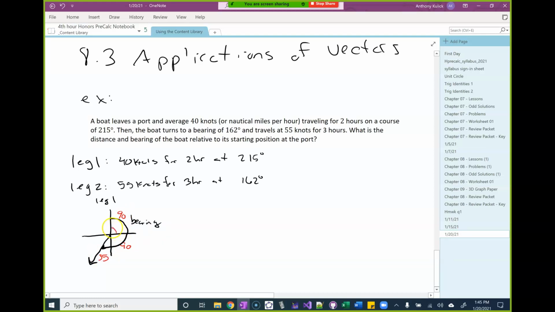To get my standard position angle, I'm doing this. So that's 90, that's 90, and then the complement of 35 is 55. So my standard position angle, which I'm going to call theta, is 90 plus 90 plus 55. So we're somewhere over here.